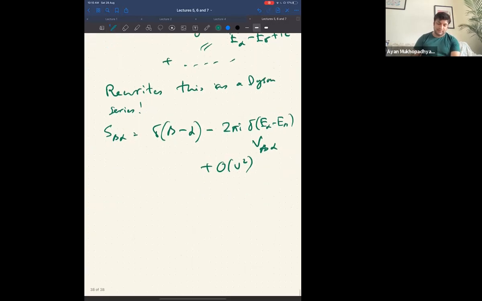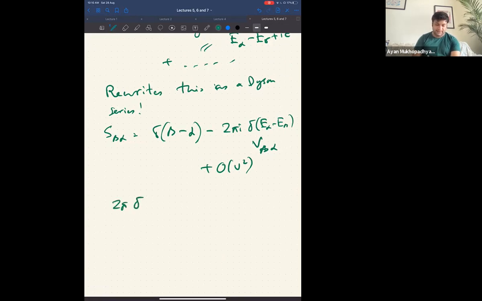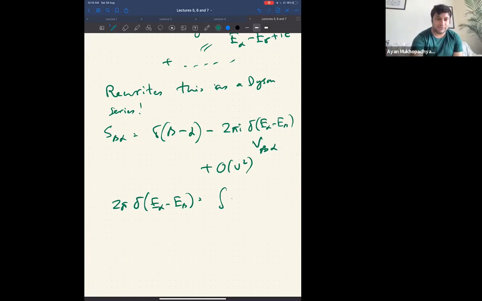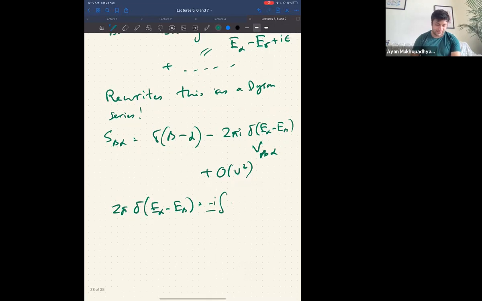So now what we can do is simply use this expression that 2 pi delta E alpha minus E beta is equal to the integral d tau. Okay, so coming back to what I was saying, then 2 pi delta E alpha minus E beta, I just use this formula again.